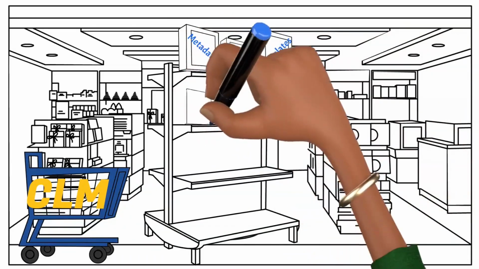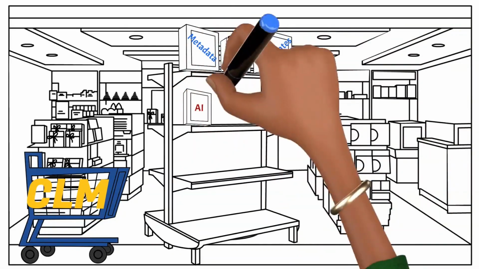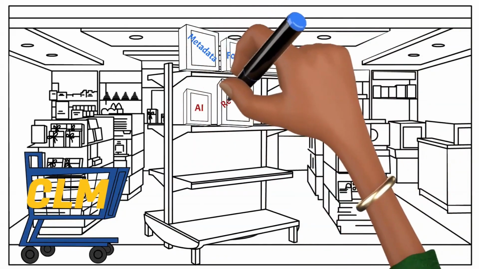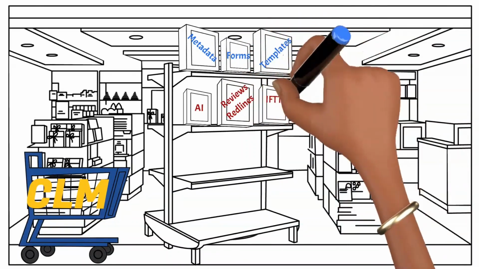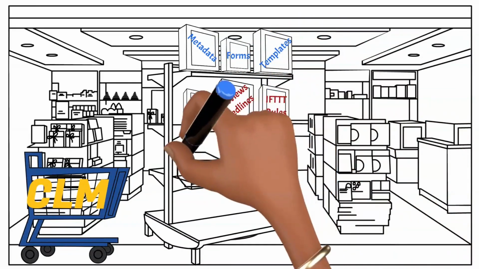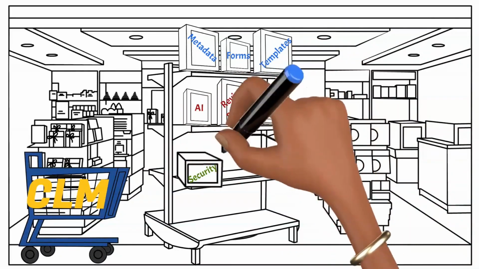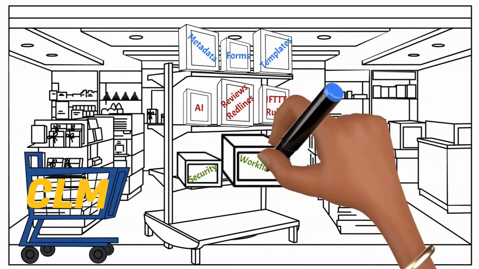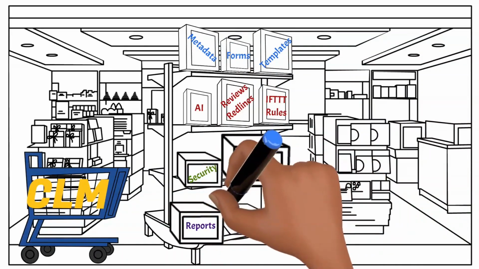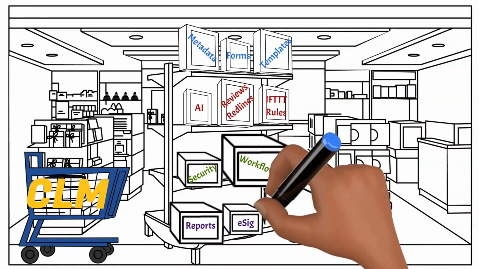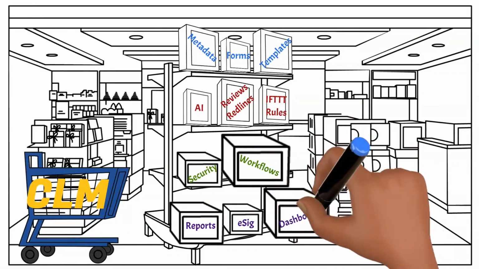So the diagram here, or the drawing, is going to cover all the different facets of what a CLM is. And I said it was a document management system, but it's so much more. And as you can see with these different boxes on our shelves here, the CLM encompasses all of these features to provide a robust system.